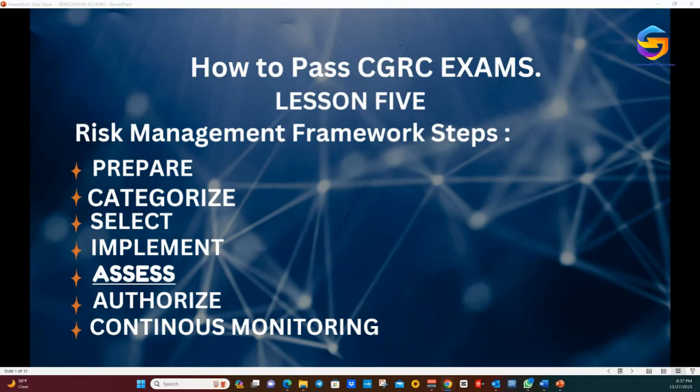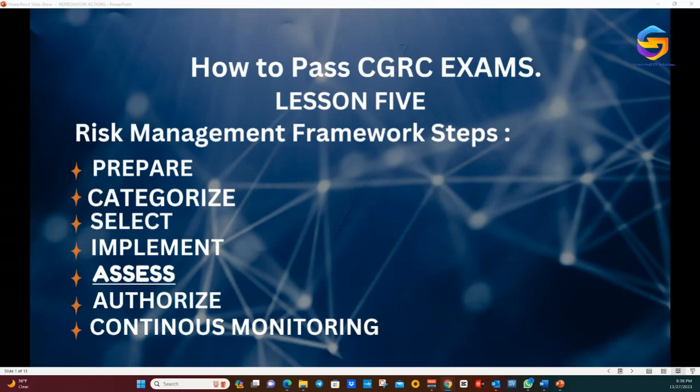Now, we want to continue with our studies on how to pass the CGRC exams, formerly known as the CAP exams. In our previous videos, we spoke about the fact that in order to pass the CGRC exams, you have to know the RMF steps. So we looked at the preparation step, the categorization step, the select step, the implement step, and we are now on the assess step.